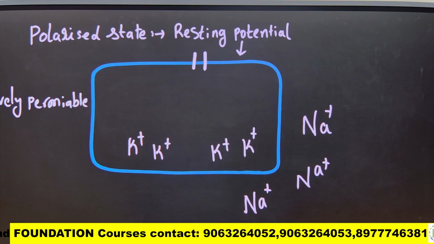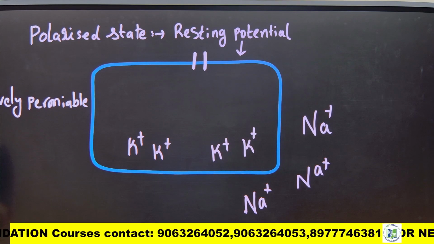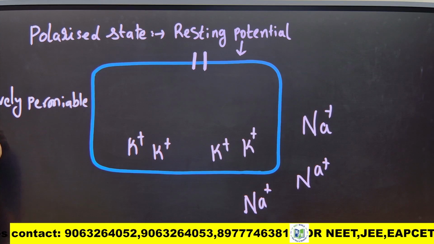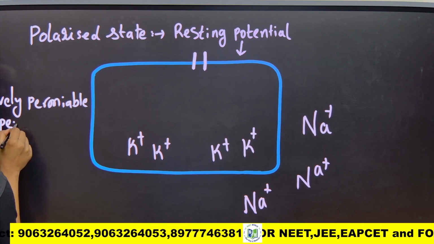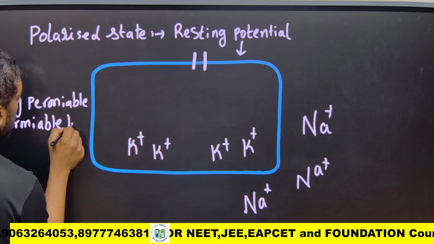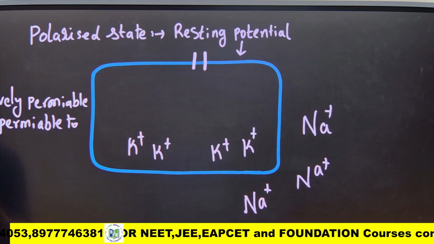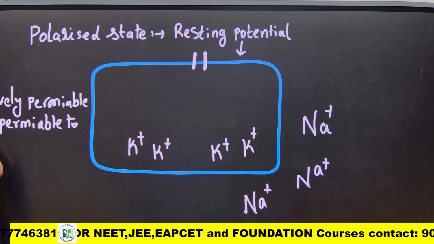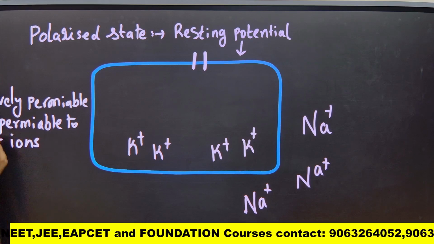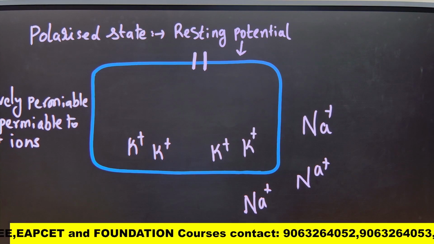The membrane is almost permeable to the potassium ions, K plus ions. This is the first point.